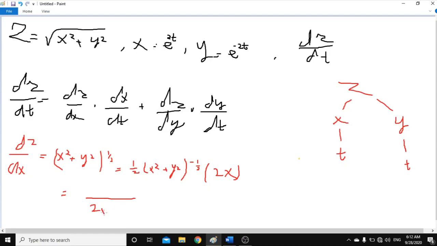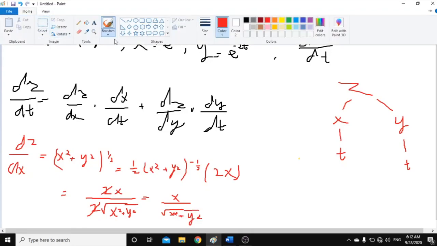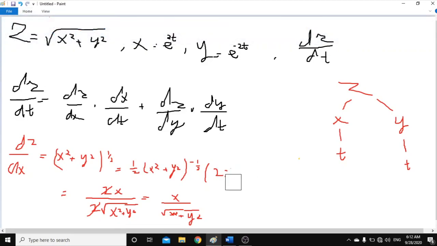So we can write it as the square root of x squared plus y squared, and then at the top we have 2x. We can cancel 2 by 2, so what's left here is x over the square root of x squared plus y squared. Yeah, and this is the final answer for the first one.